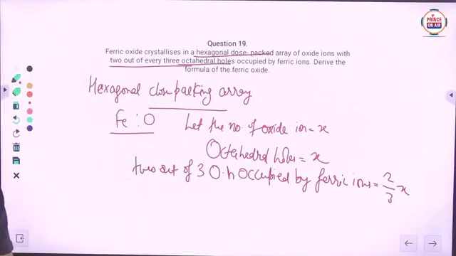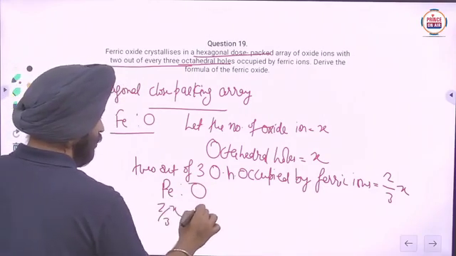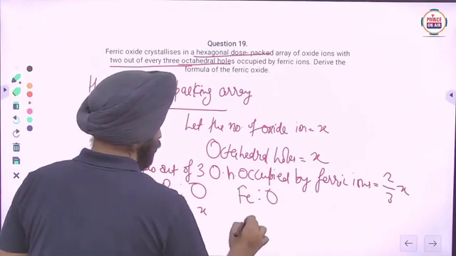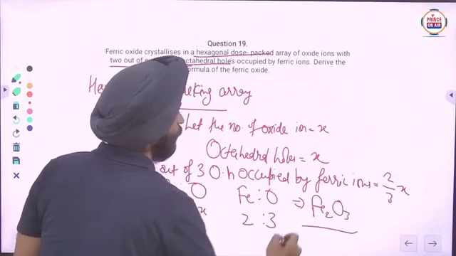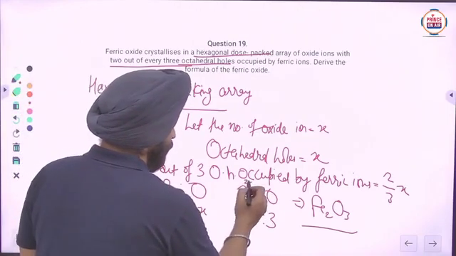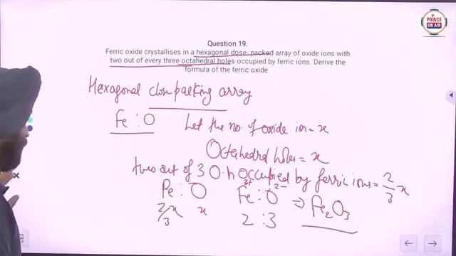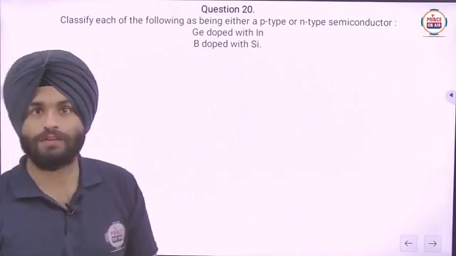Clear? In this way the Fe to oxygen ratio will be 2 by 3 x to x, which comes out to be 2:3, meaning Fe2O3 is the formula of the compound. Where Fe has 3 positive charge and O has 2 negative charge.